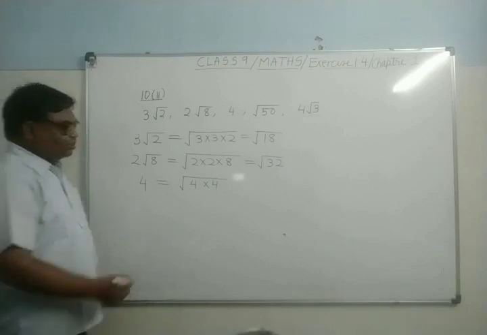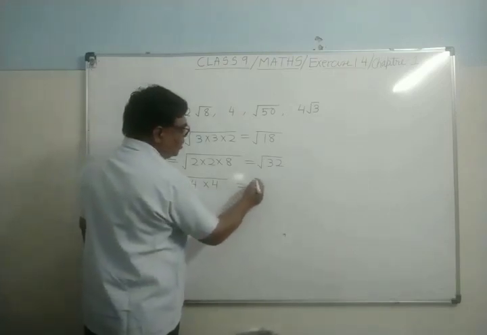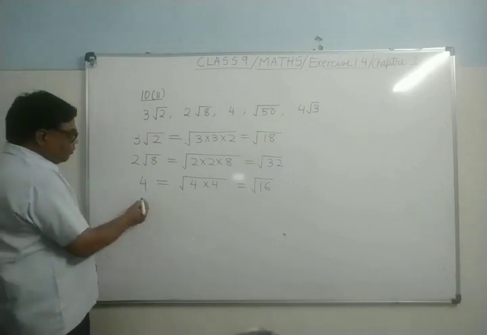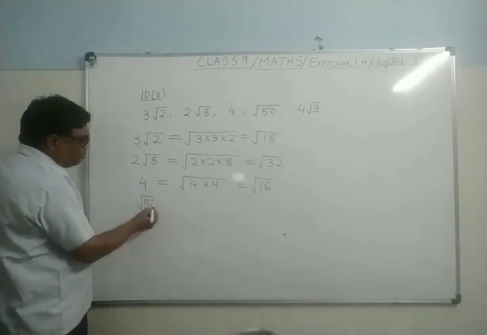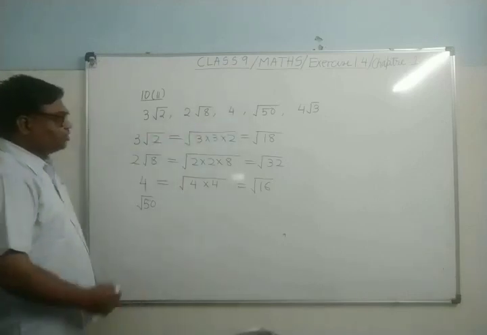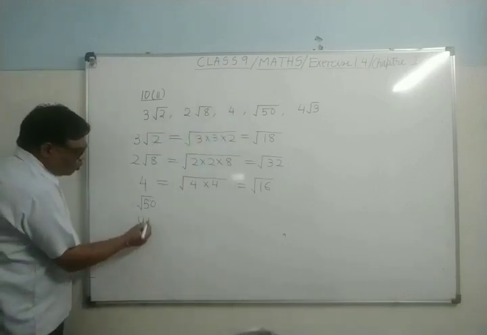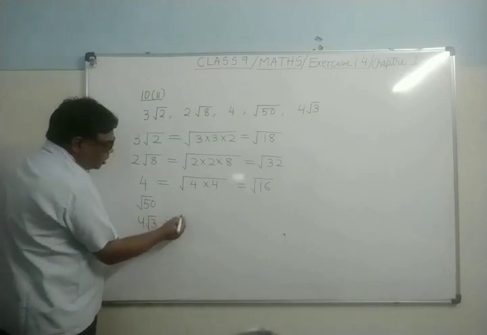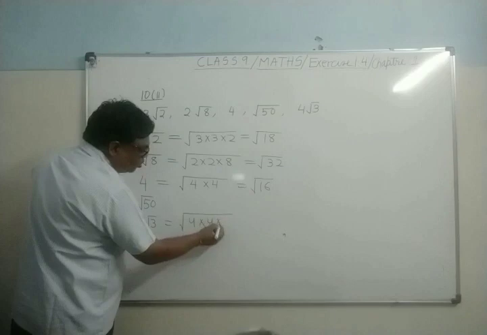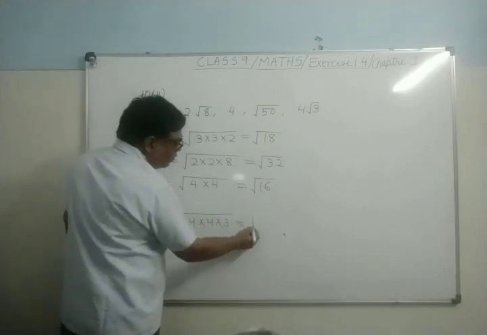It's clear? So 4 into 4, square root 16. Square root 16 is 4. Root 50, there is no need to write because already it is in that form. There is no number before the square root. Then 4 root 3. You take, so 4 into 4 into 3. So it is root 48.